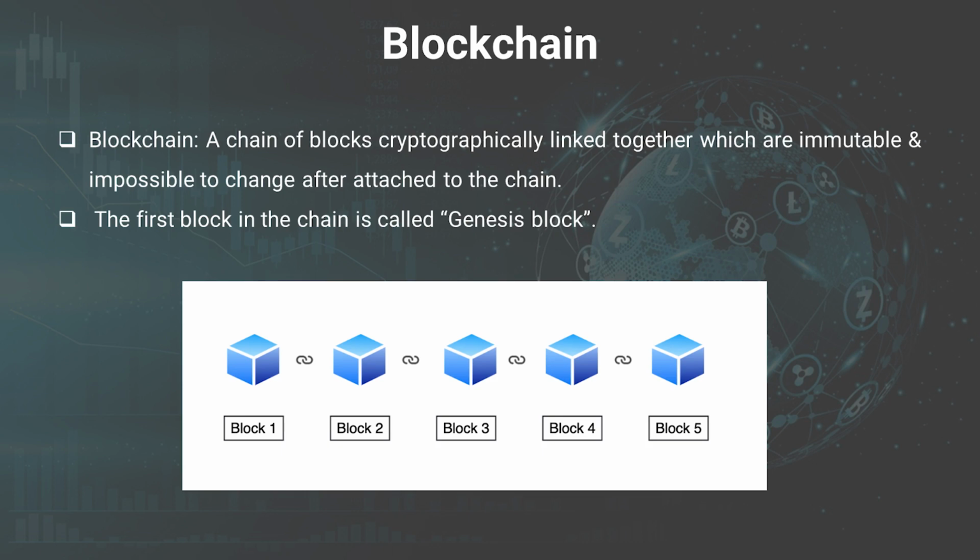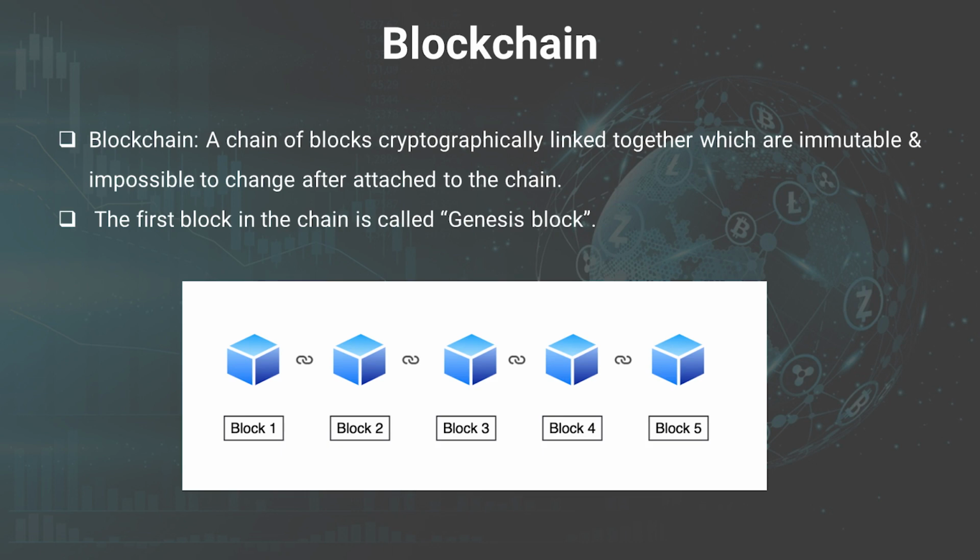There are a few things here. One is that they are linked together: block 1, 2, 3, 4, 5. It says cryptographically linked together. That means each block has a hash, which you can think of as a big random number attached to it. Each block has its own random number, but each block also holds the previous block's random number.